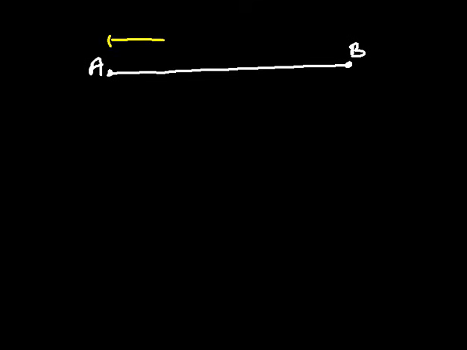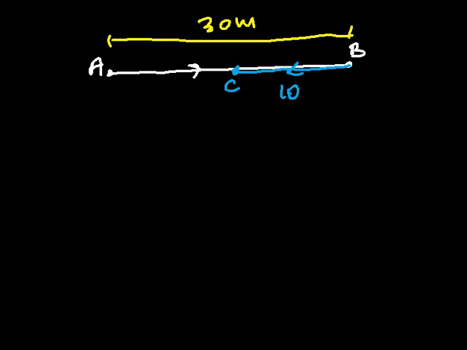From A to B it is about 30 meters, and after some time the object has traveled back to a point C. Let's say it has moved back about 10 meters, and that the whole journey takes 2 seconds as well.